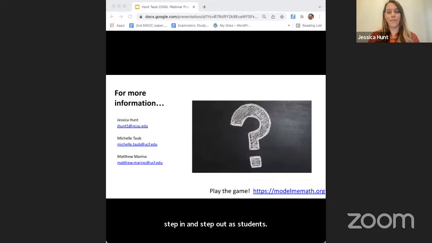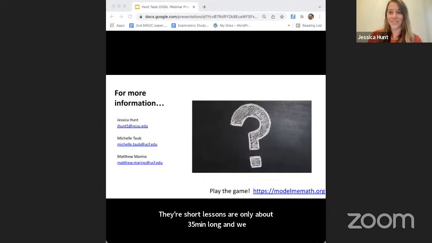But then after that, we would ask you to implement the curriculum, which would be at least 3 times a week for at least 11 weeks. They're short lessons, they're only about 35 minutes long. And we're finding currently that that seems to be holding pretty true for folks. So we're excited about that.